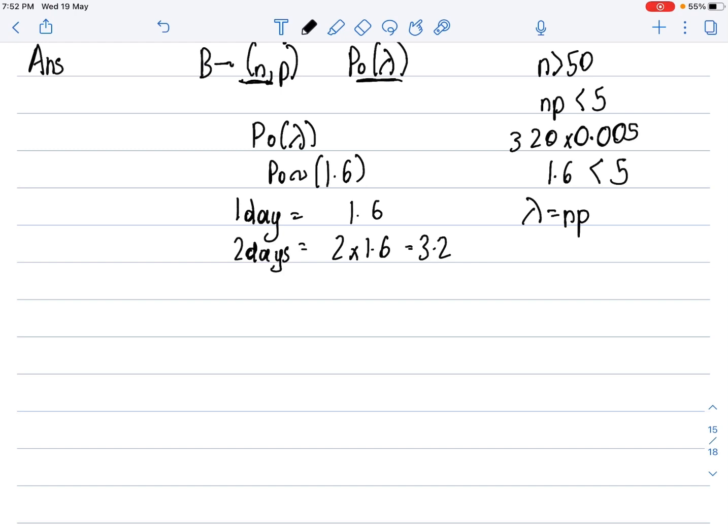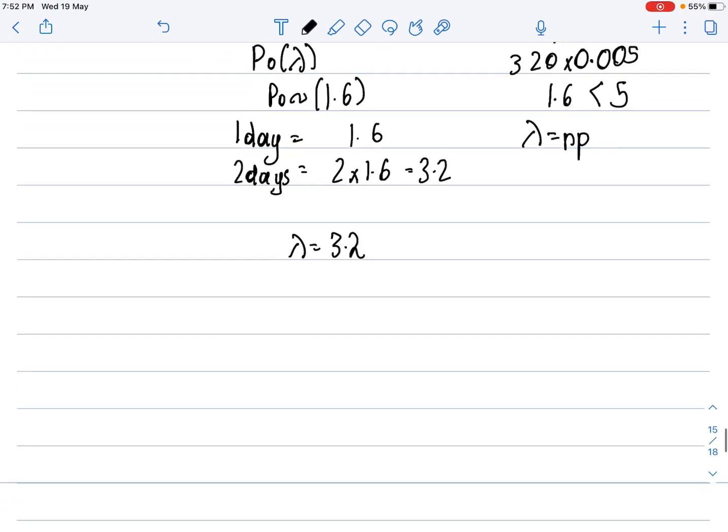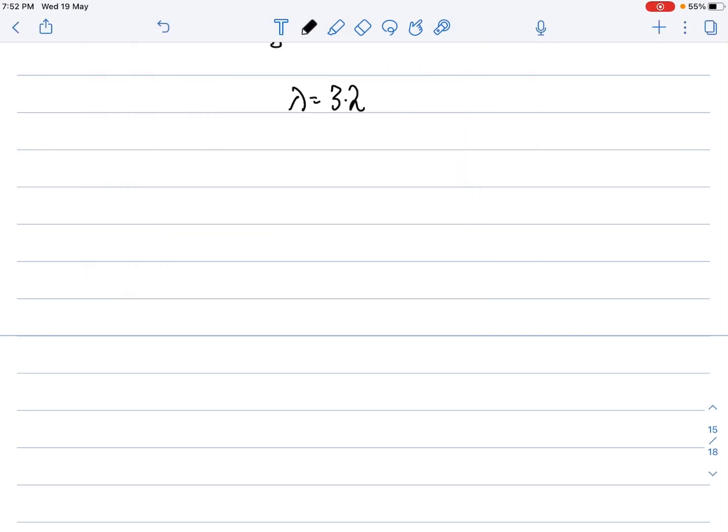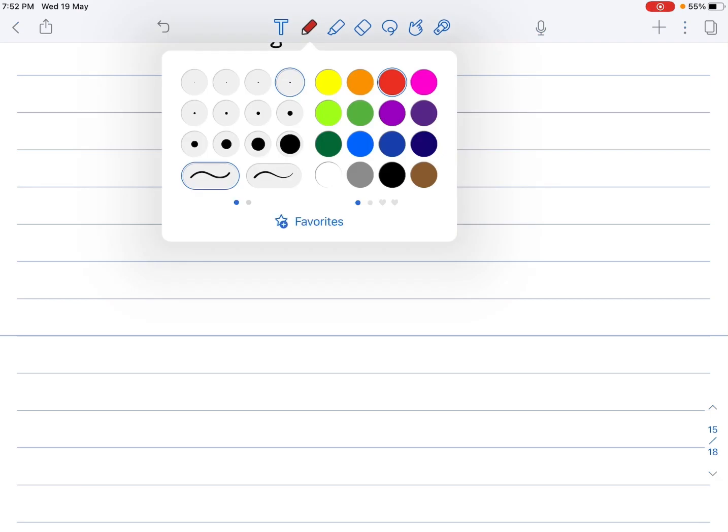So this is my new lambda. Now I know the basic formula, e raised to minus lambda into lambda raised to x over x factorial.